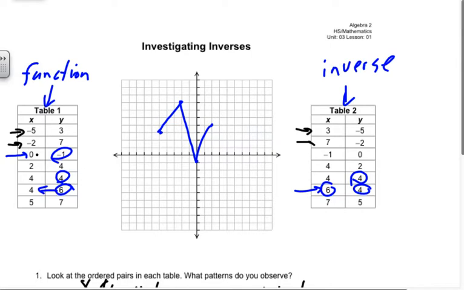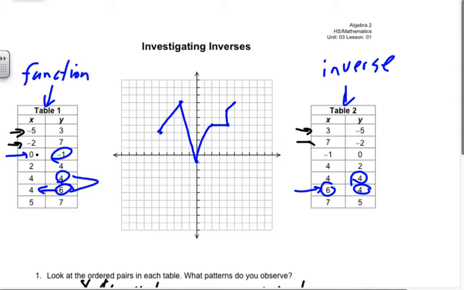And then I go to 4, 4. And then I go to 4, 6. And then I go to 5, 7. Okay, now you should be able to spot right off the bat, and you can get it from here too, that this is not a function because I have repeated values.